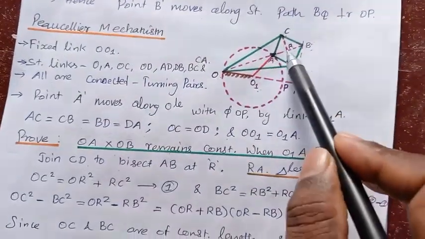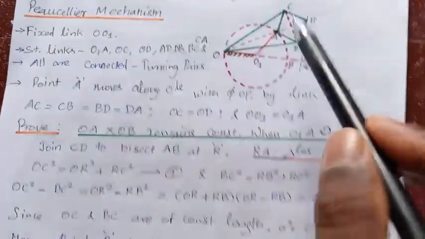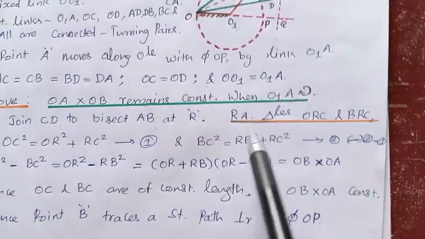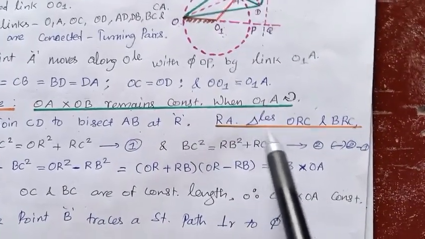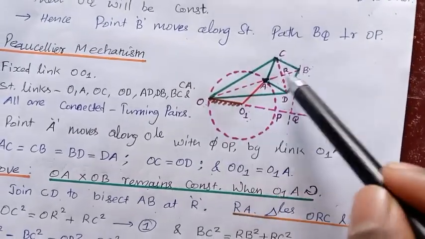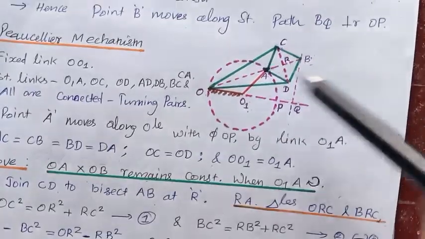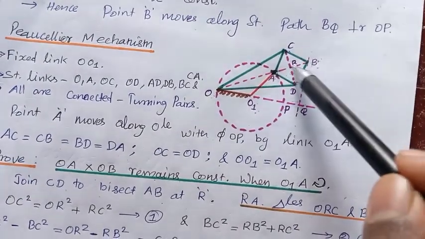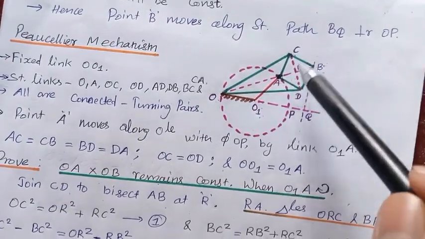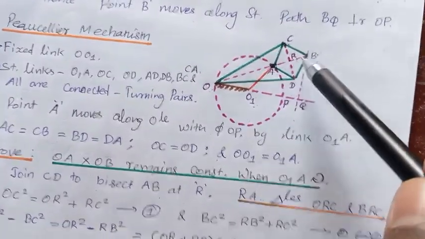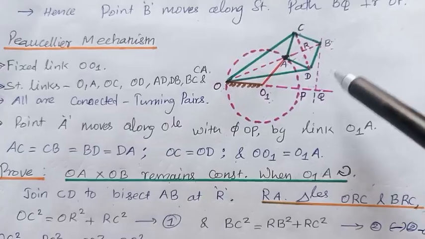Join CD, which bisects AB at the point R. Join CD, bisecting AB at point R, and we obtain right angle triangles ORC and BRC.